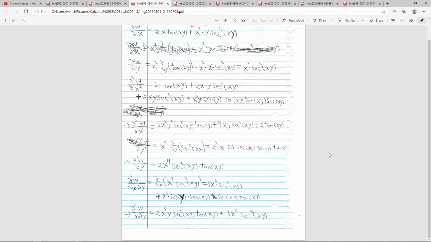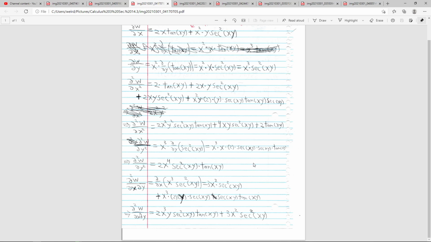I think it's explained well enough; I'm not going to explain every single little detail in words. But that's kind of what's going on when you have secant squared. If you just had secant squared x and took the derivative with respect to x, in normal calculus it would be 2 times secant x times secant x tangent x, because the derivative of secant is secant x tangent x.